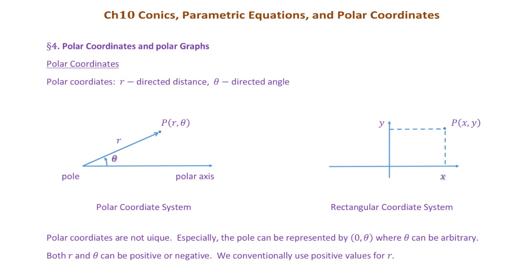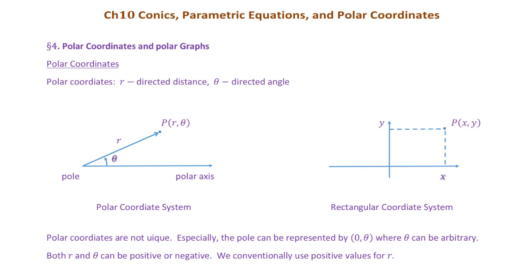And one special point on the polar plane is the pole. This is a special point because the polar angle for the pole itself, the point in here, is undefined.